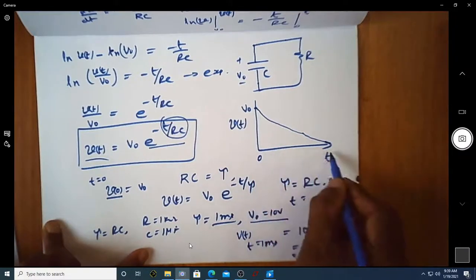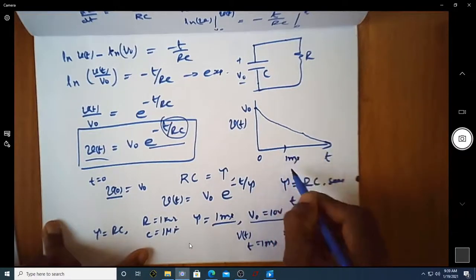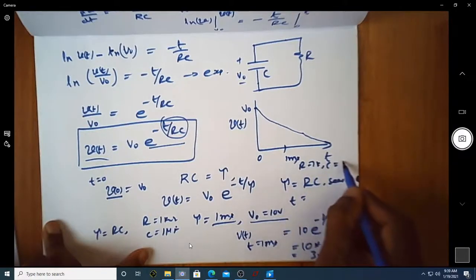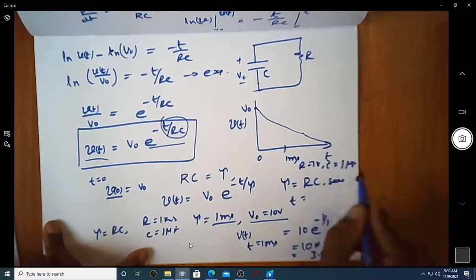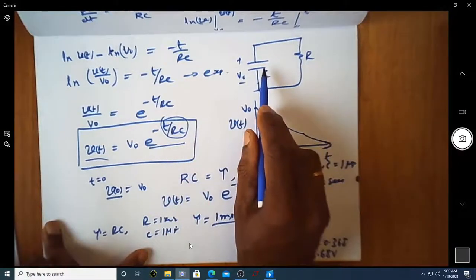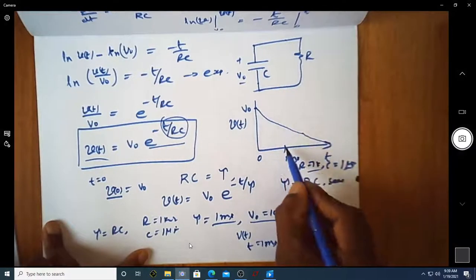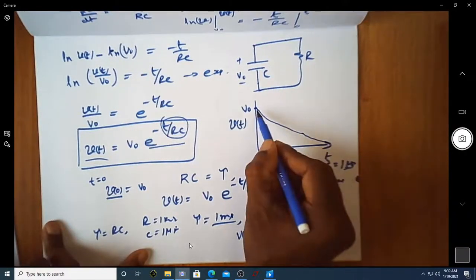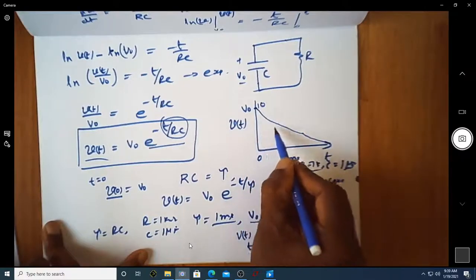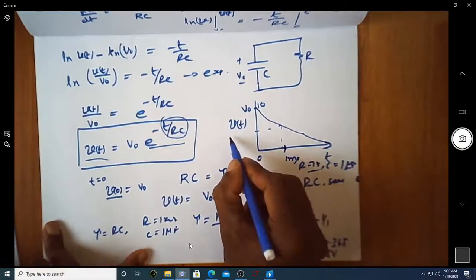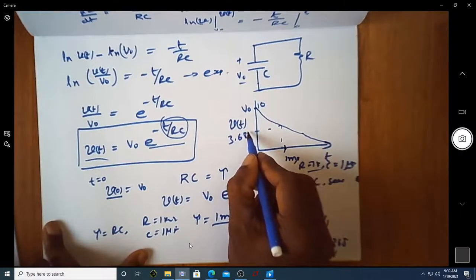Meaning at time equal to 1 millisecond, with R equal to 1k and C equal to 1 microfarad, upon closing the switch, if the capacitor's initial voltage is 10 volt, after 1 millisecond the voltage across the capacitor reduces to 3.68 volt.